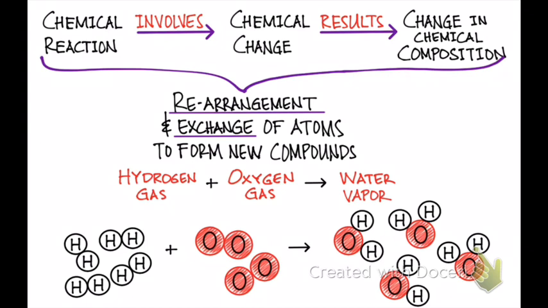This reaction produces water, which is 2 parts hydrogen and 1 part oxygen. Here you can clearly see that bonds were broken and new bonds were formed. The hydrogen-hydrogen bond as well as the oxygen-oxygen bond were broken, and oxygen-hydrogen bonds were formed. In other words, the atoms were rearranged.